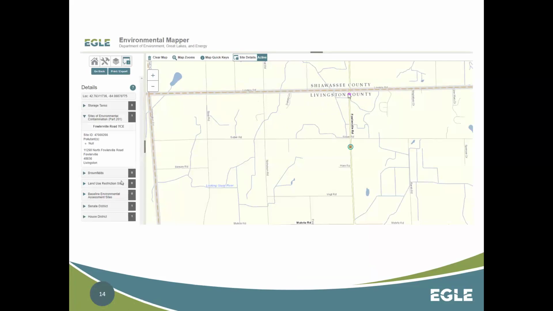But if you go on environmental mapper, you'll see the area right here had a historical site, Fowlerville Road TCE. So you might want to do a little bit more homework. You'll notice also that it says null. I mentioned that before. Just because it says null for pollutants doesn't mean that there is no pollution. It just means you probably should be digging a little bit deeper.